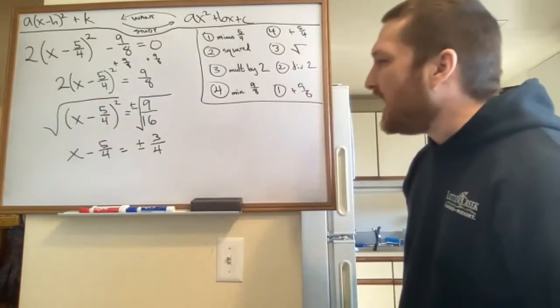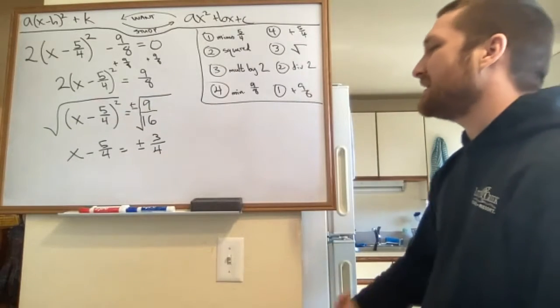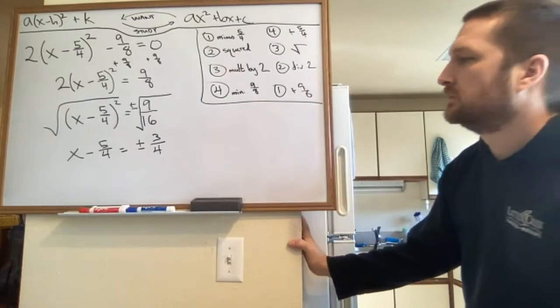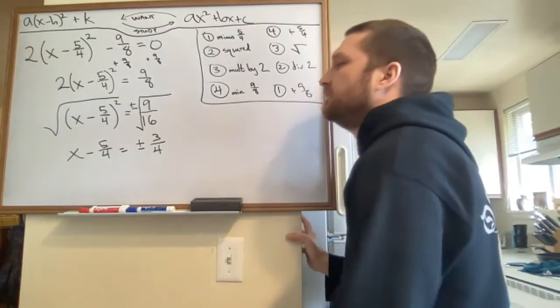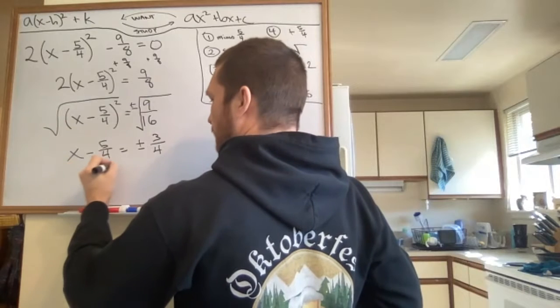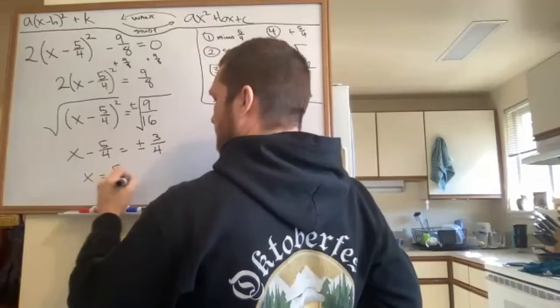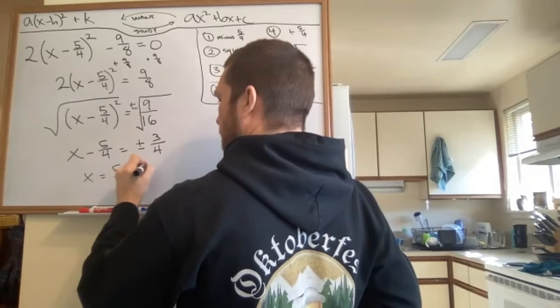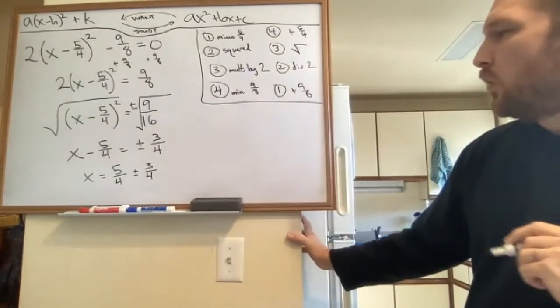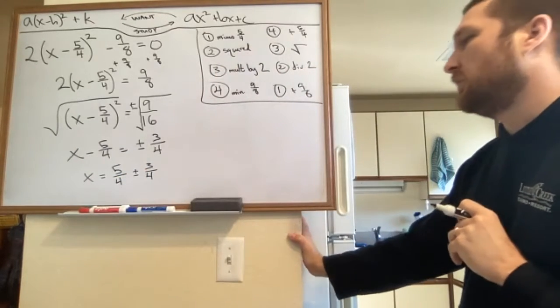Now, finally, what's the last thing I do to get x by itself? Add 5/4. So I add 5/4 to both sides.